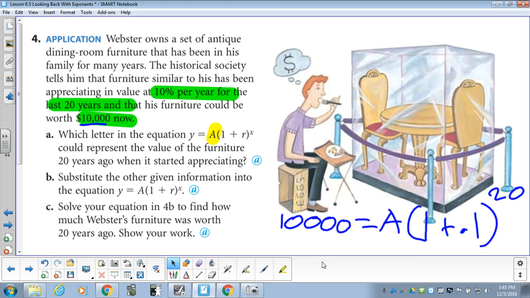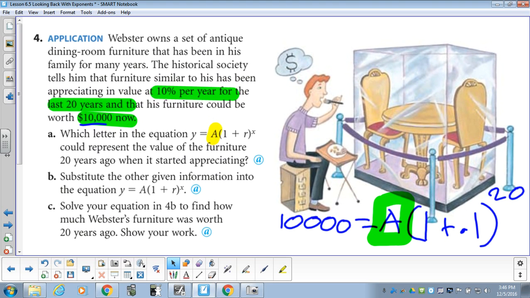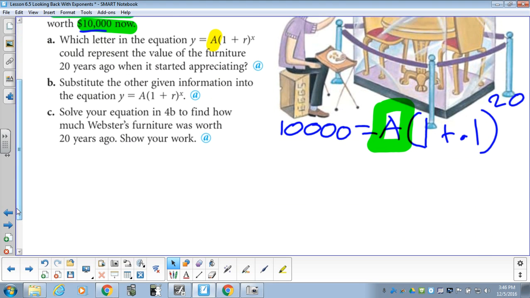And so solve your equation to find how much Webster's furniture was worth 20 years ago. Show your work. So I'm going to leave that for you. This is simply a tutorial, not a complete walkthrough, but we need to find A. We need to solve for A. All you do is you do your exponent, you solve, and you get an answer. You'll find what A equals.